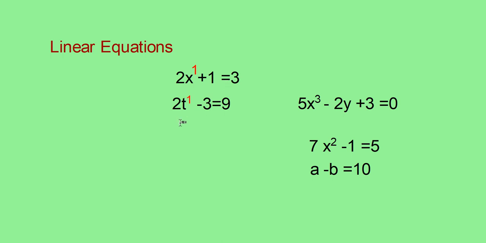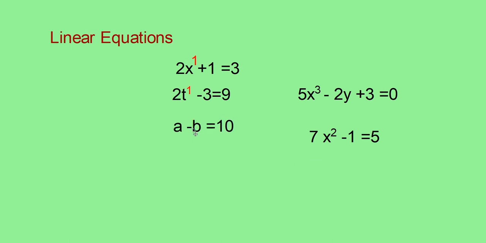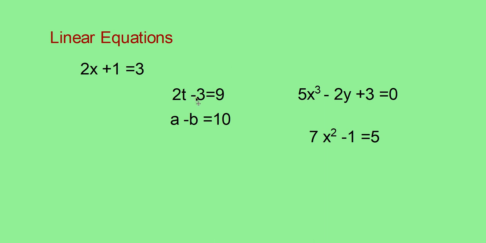So here 2x plus 1 is equal to 3 and 2t minus 3 is equal to 9 are linear equations. Here you can see a minus b is equal to 10 is also a linear equation. But in 2x plus 1 is equal to 3 and 2t minus 3 is equal to 9, in both equations we have only one variable, whereas a minus b is equal to 10 is a linear equation but it contains two variables.